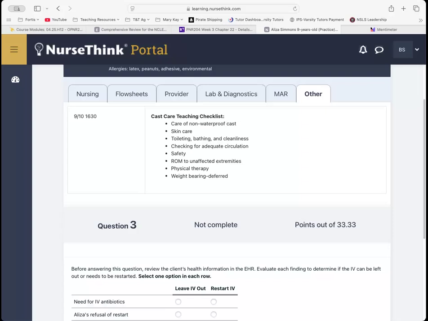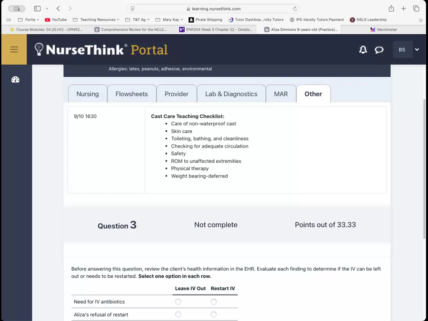Keep it dry. Yep, keeping it dry because it's non-waterproof. Anything else we want to add? I think we got most of them.